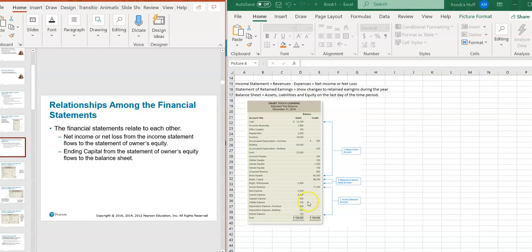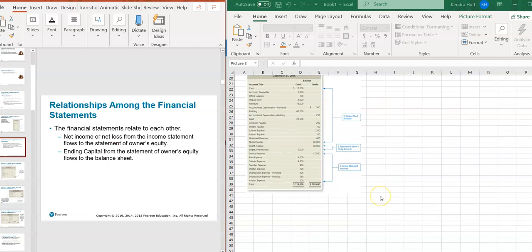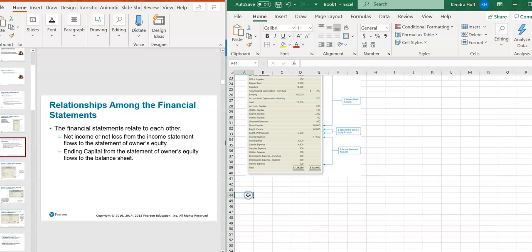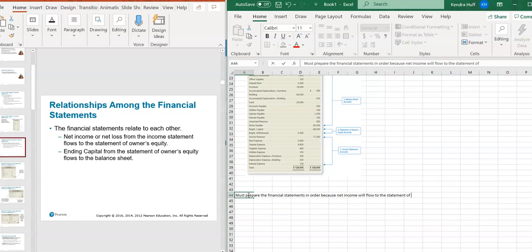Remember, though, that you have to prepare the financial statements in order, because net income will flow to the statement of equity. I'm going to say retained earnings since that's what we've been doing.